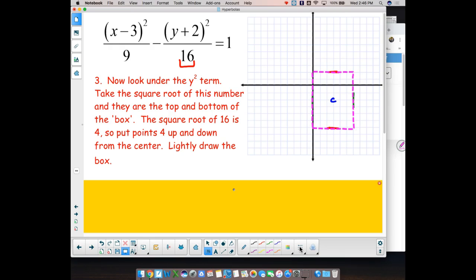So there's my box. That's kind of like a no-fly zone. Okay? Nothing's going to be in that box, other than the center. And we might cut through it with a line or two, but nothing else. The hyperbola will not be inside of that box. Okay?